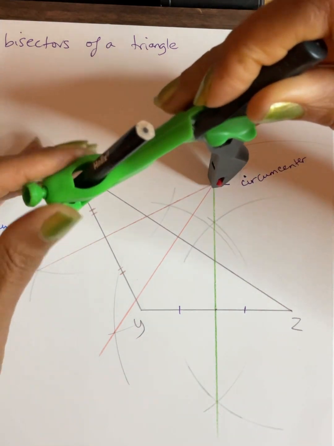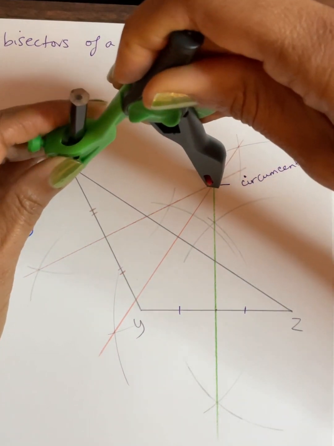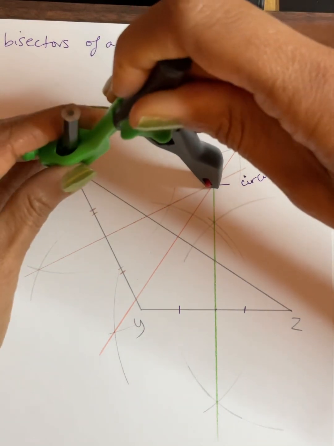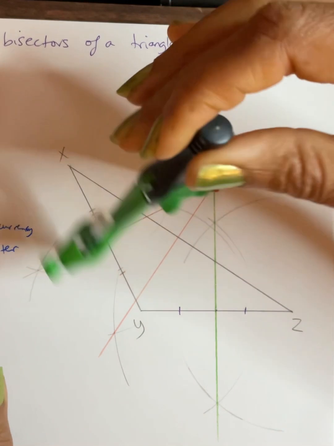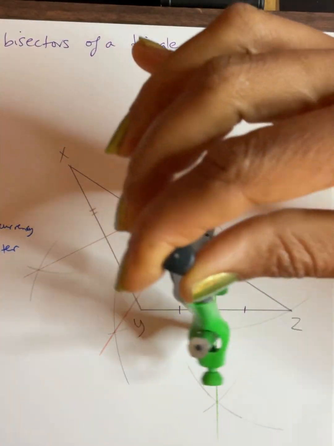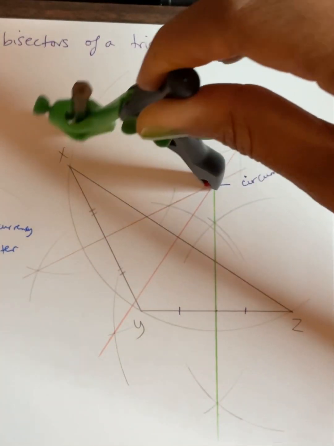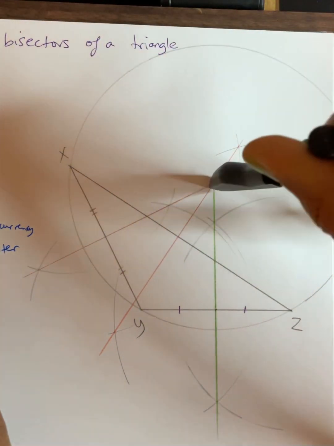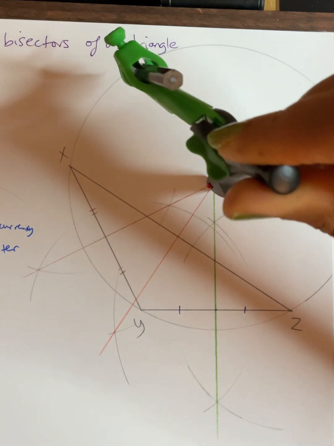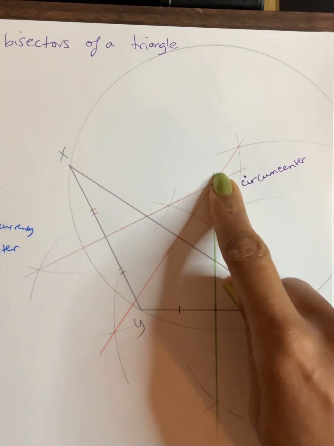You can also circumscribe your circle, and it would end up looking like this. I know it's going off the paper for you, using the circumcenter.